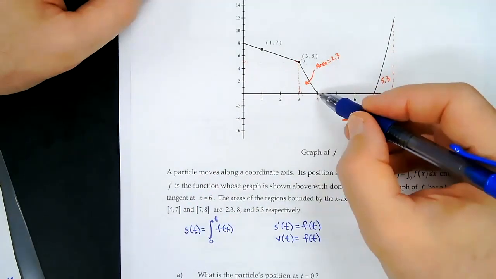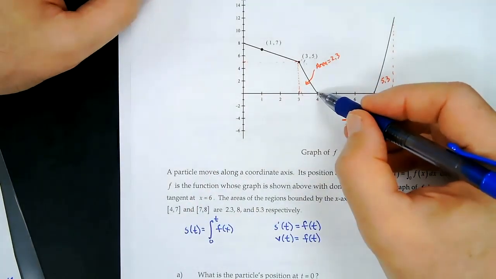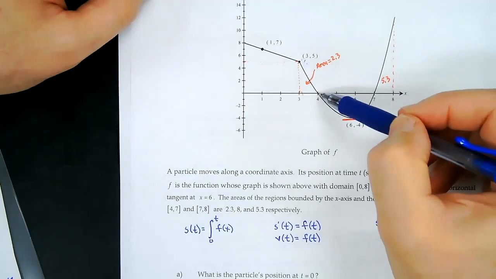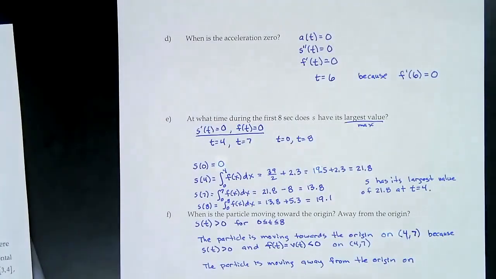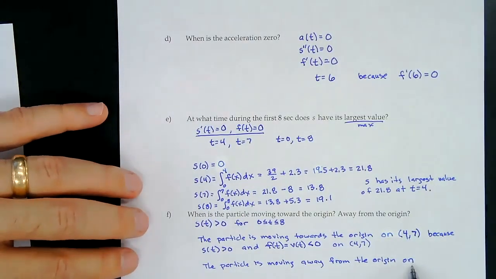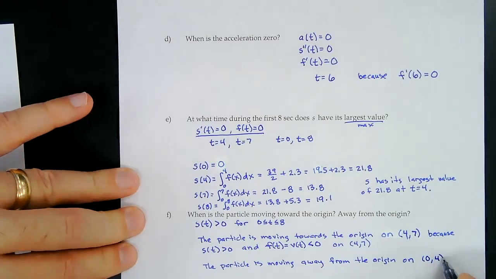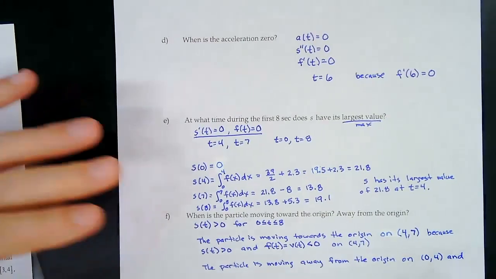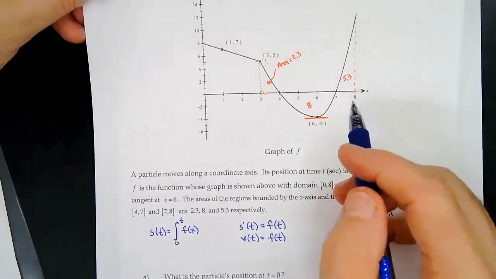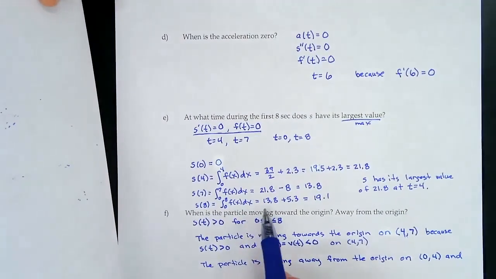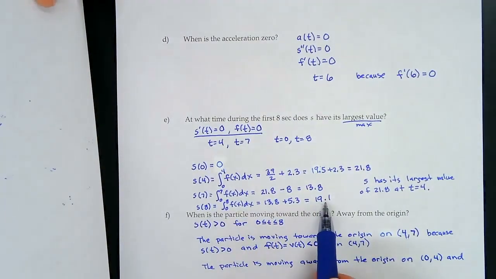And that holds all the way until 4, but then the velocity is not positive there. The velocity is 0 at 4. So it's going to be between 0 and 4, where both my position is positive and my velocity is positive. So the particle is moving away from the origin on 0 to 4, and it's also happening from 7 to 8, including 8, because the position is positive at 8.